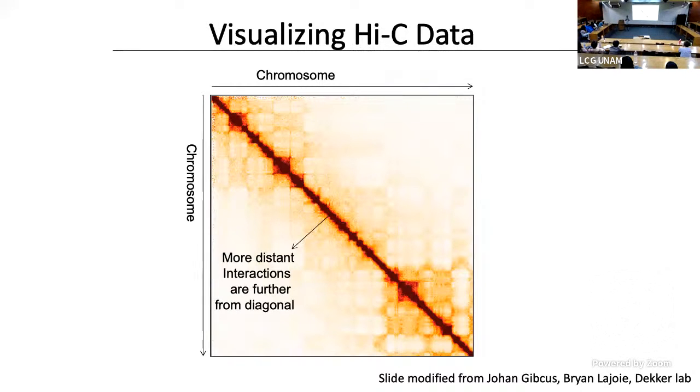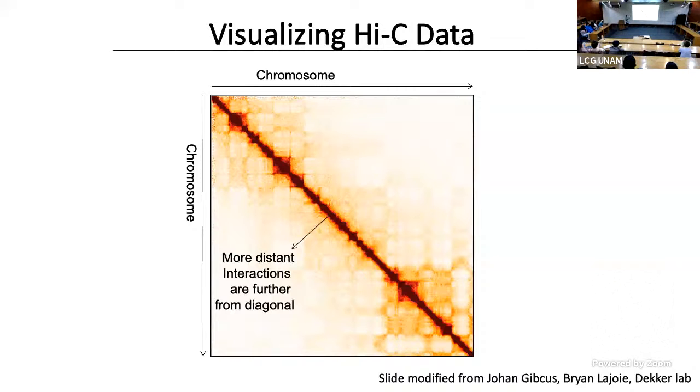Any DNA that's in close proximity will become covalently linked by ligation, okay? You then chop up the DNA and sequence it, and you look for reads that are split reads, that have one sequence from one part of the genome and another sequence from another part of the genome. And from those points that you know are in close 3D proximity, you can rebuild a model of the 3D structure of the chromosome.